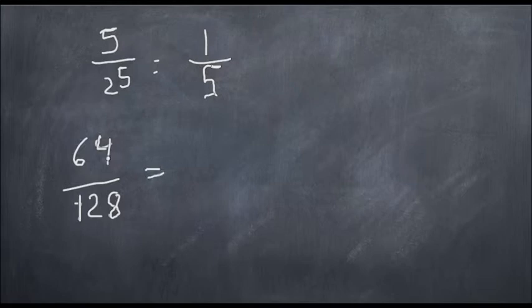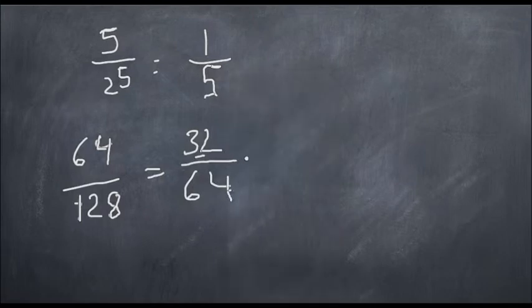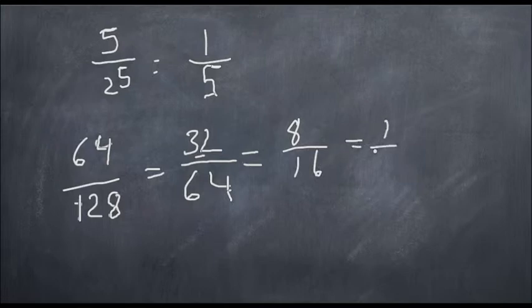You can just divide this by 2, which would give you 32 and this will become 64, and then if you divided this by 4, because you can see 4 goes into 32 and 64, you might get 8 on 16. And then you might say, oh, well, 8 goes into both of those, and you see it's 1/2. So you can progress in the simplifying process. You don't have to do it all at once.